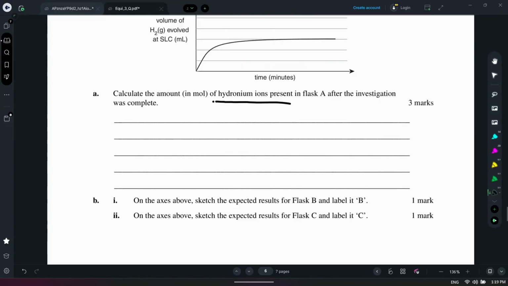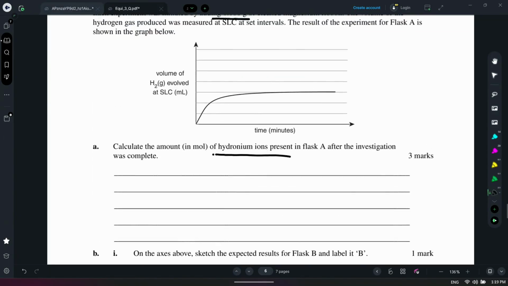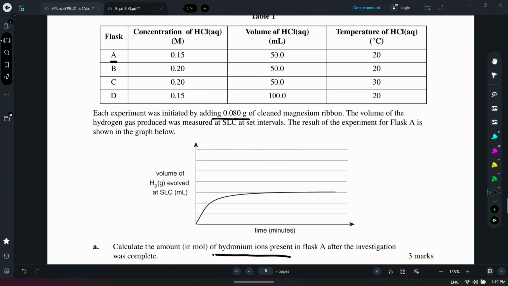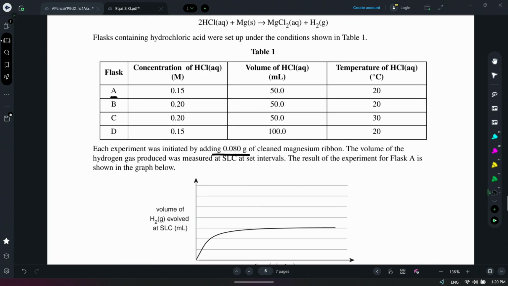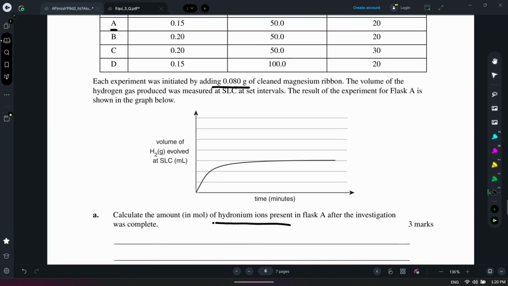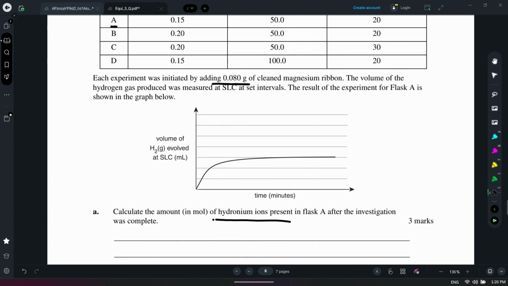Now, in this case, we need to find out the number of moles of hydrochloric acid which is going to be left over in flask A, because our limiting reagent is going to be the magnesium.